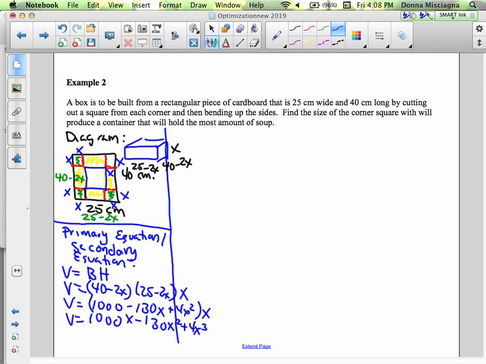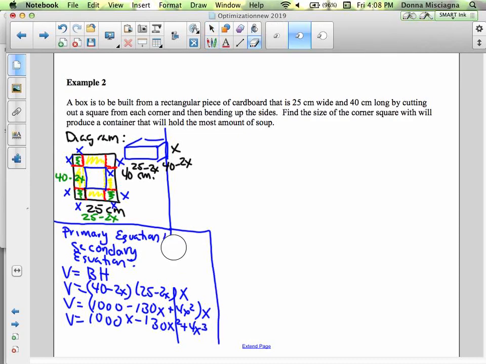I should have made this go out a little farther. Oops, I lost part of my box. I think I'm stuck with this in the middle here. I'll erase it and rewrite it, just make sure you can read it. Oh, all my beautiful work.